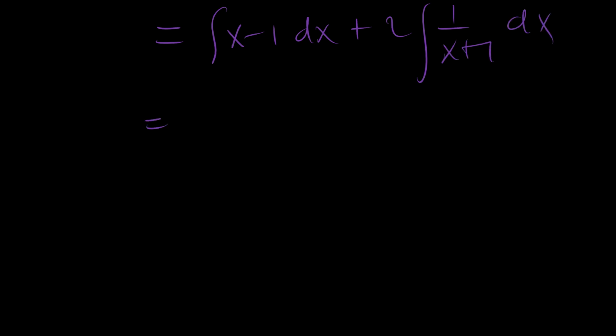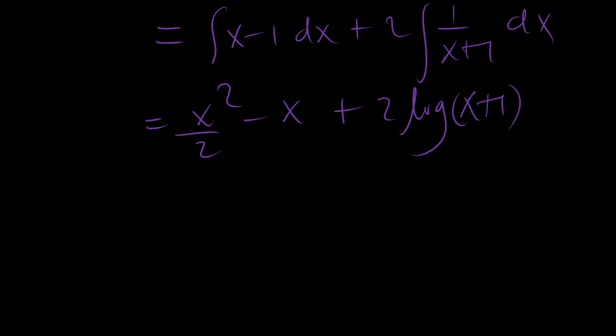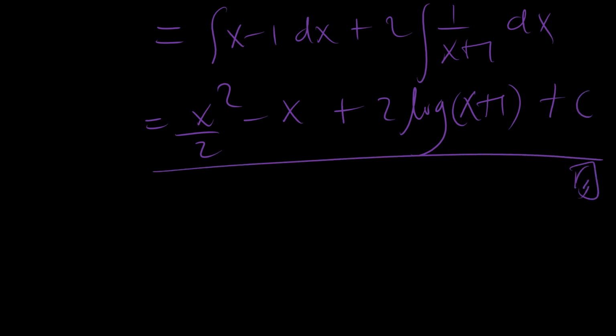The integral of x is x squared over 2, the integral of negative 1 is x, and the integral of 1 over x plus 1 is the natural logarithm of x plus 1, plus obviously the integration constant, and that is our answer.